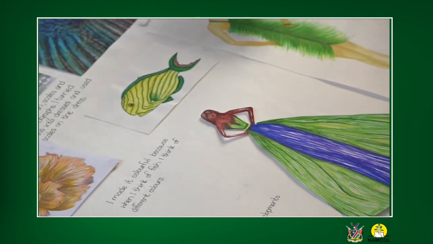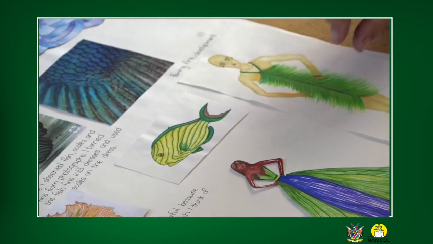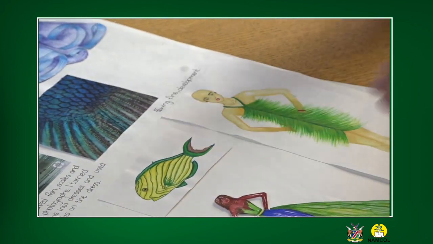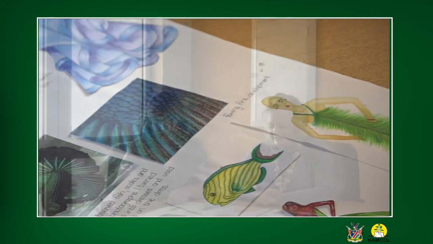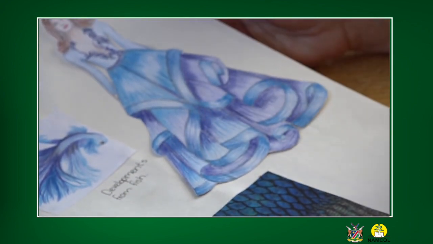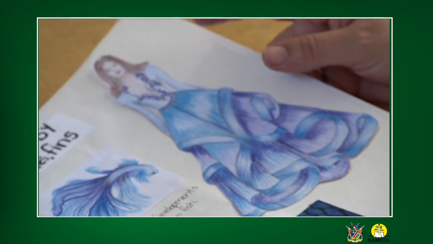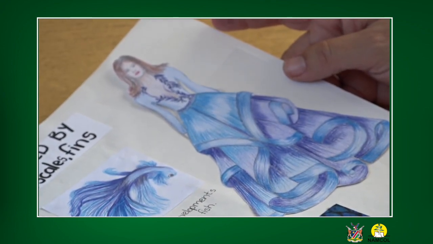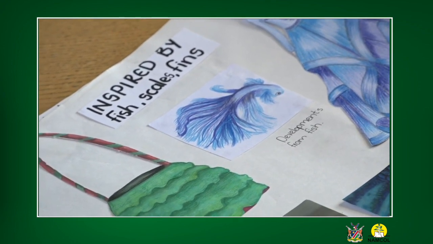Look here at the fin. It nearly looks a little bit like a leaf, but knowing that it's fish, exactly. And this beautiful one, you can actually see those butterfly fish, the shape of the fins of the butterfly fish. And again also some accessories like a little handbag.